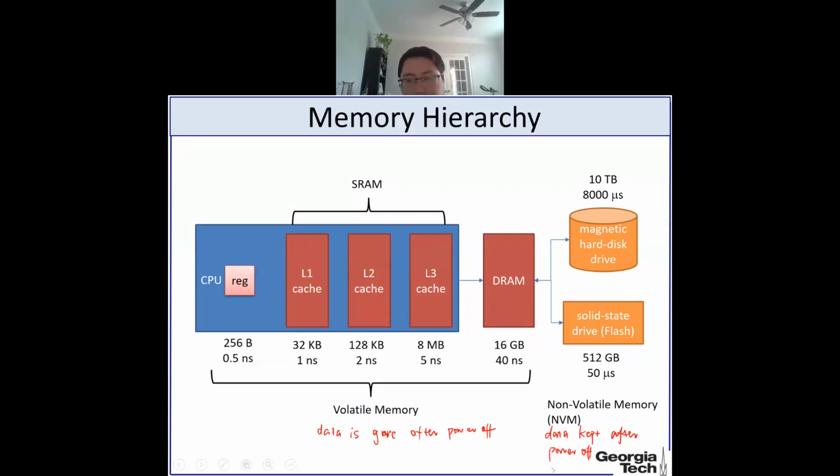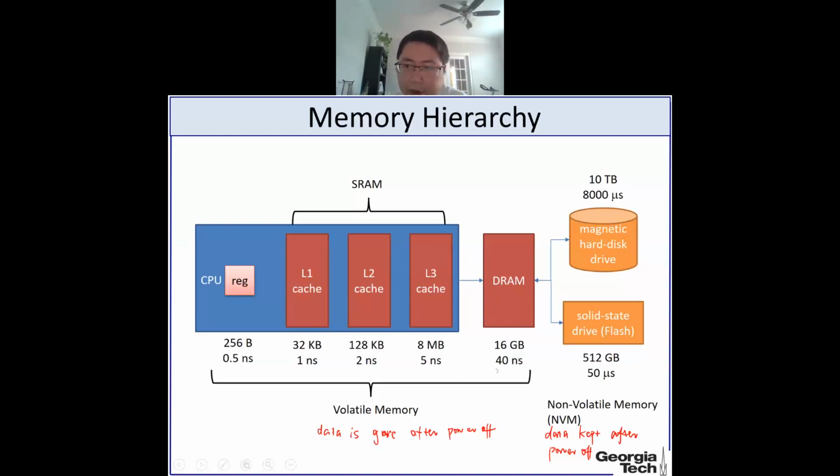So you can see the differences between volatile and non-volatile memory. After you remove your power supply VDD, you can still keep your data in your SSD or the hard disk drive or the non-volatile data storage. But all your data stored in the cache or in the DRAM will be gone.